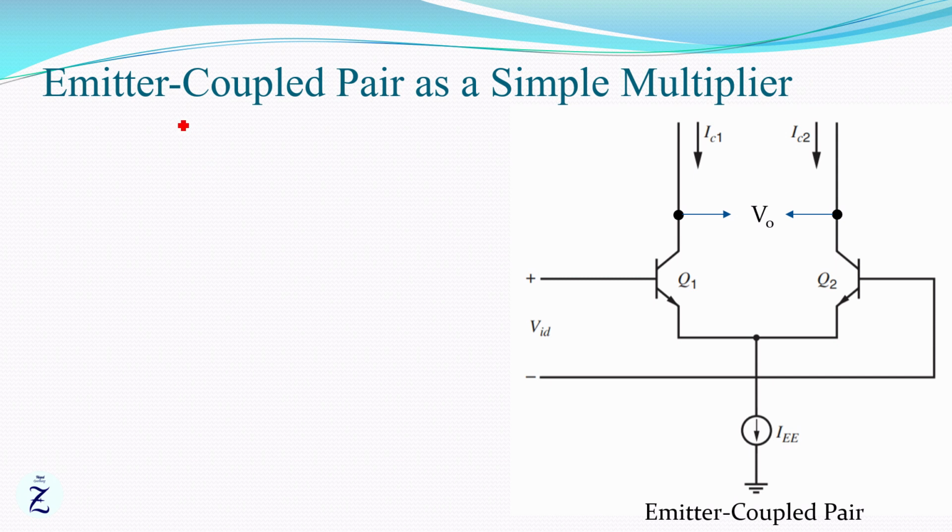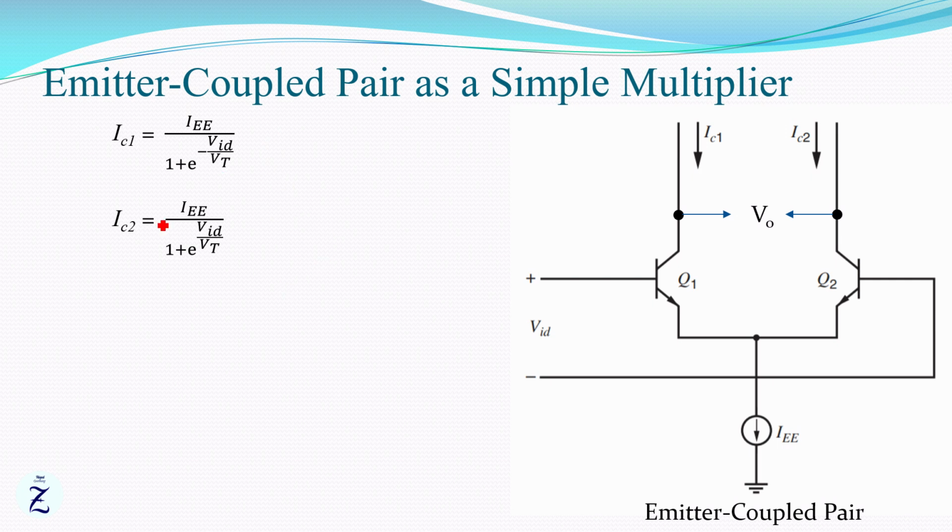For an emitter coupled pair, the current IEE and the collector currents are related as IC1 is equal to IEE divided by 1 plus e raised to minus VID divided by VT, and IC2 is equal to IEE divided by 1 plus e raised to VID divided by VT.